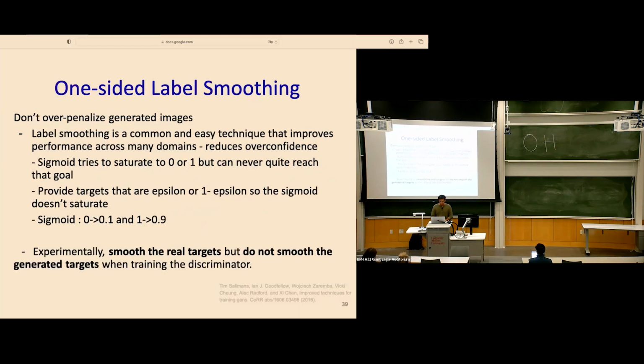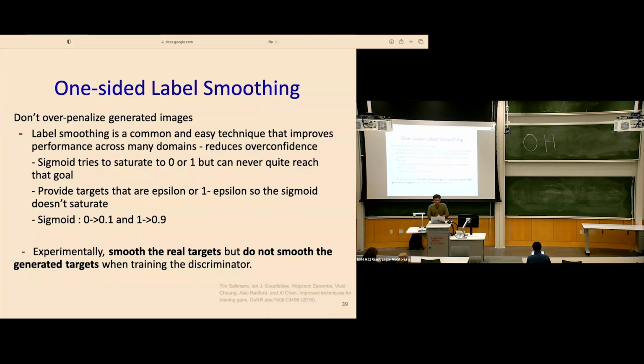We can also use label smoothing to prevent our discriminator from being overconfident and increase the calibration of our model. And by now, I think all of you may have used label smoothing in your homeworks or other research. And as you know, we have some sigmoid or softmax layer at the end of our model structure to map our hidden states into probabilities.